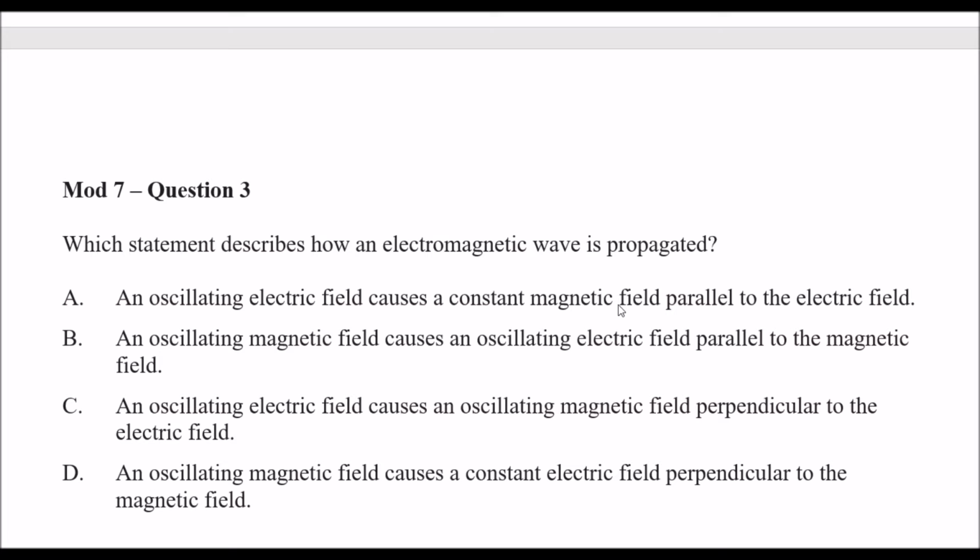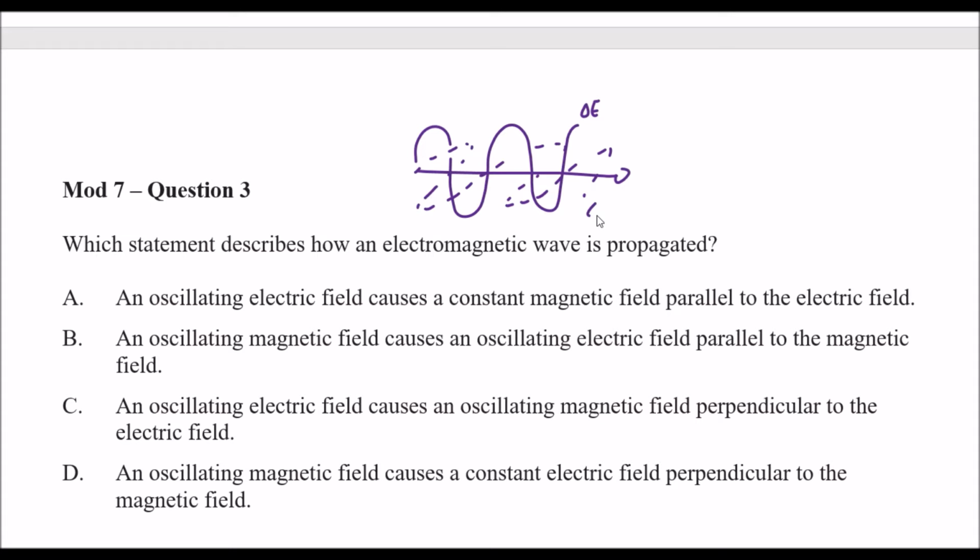Okay, question 3, it says, which statement describes how an electromagnetic wave is propagated? So for an electromagnetic wave, we have an oscillating electric field, and when we have a constantly changing electric field, we would expect a constantly changing magnetic field that's oscillating perpendicular to our changing electric field.